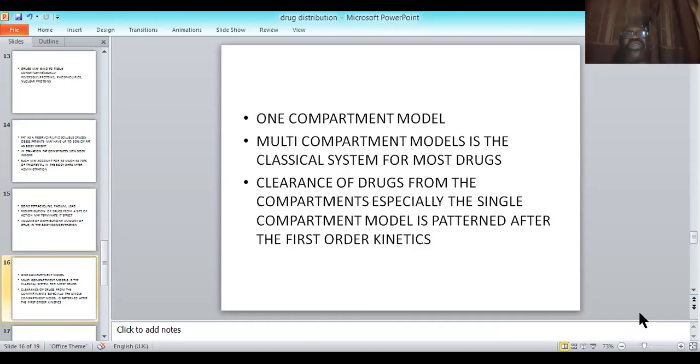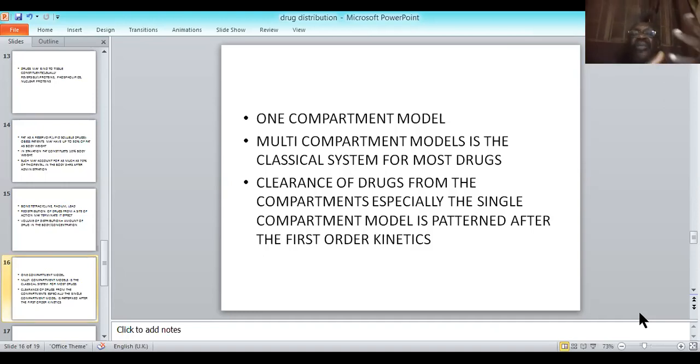So you are not talking about the drug moving from one part of the body or one compartment to the other. It means you are assuming that the concentration will be equal no matter what part of the body the drug is. However, this is not true.